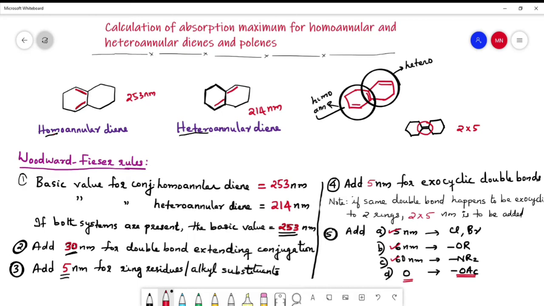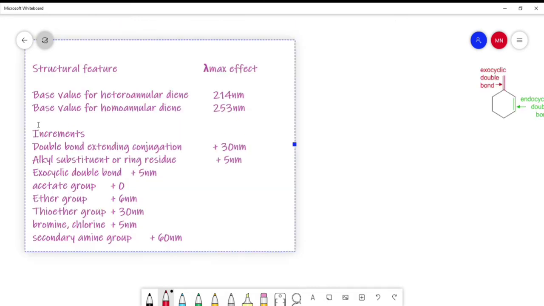Now let me summarize these empirical rules for homoannular and heteroannular dienes in a table, showing the structural feature and the lambda max effect for the compounds.